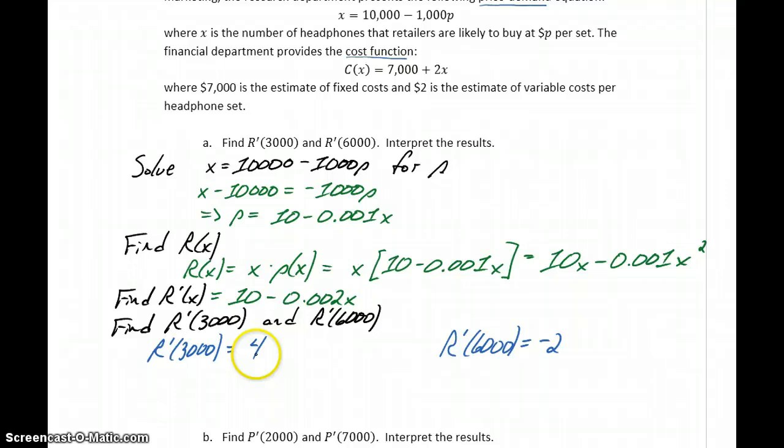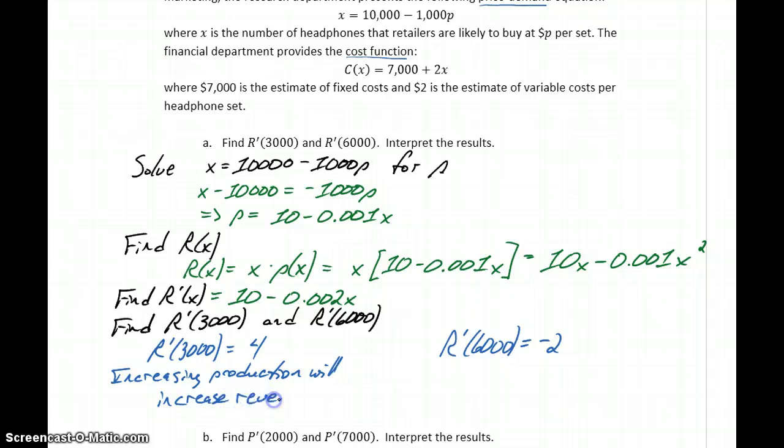If we get a marginal revenue of positive 4, since that marginal revenue value is positive, that tells us that if we increase production, we will increase our revenue, because the revenue that we'll earn from producing one more unit would be $4 additional. So increasing production is going to increase our revenue at this point.